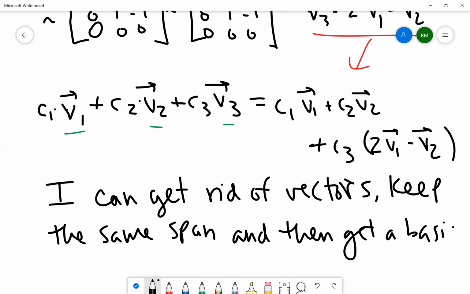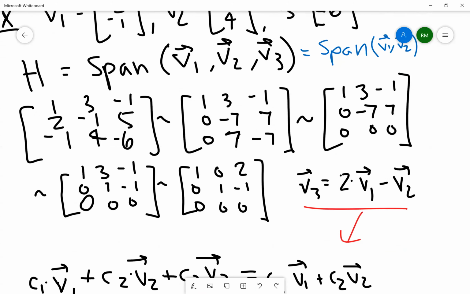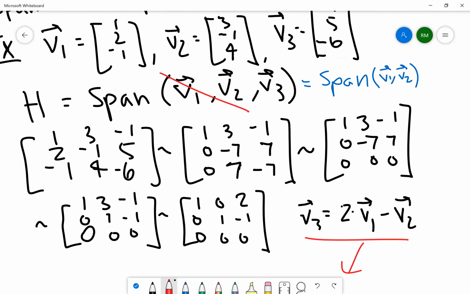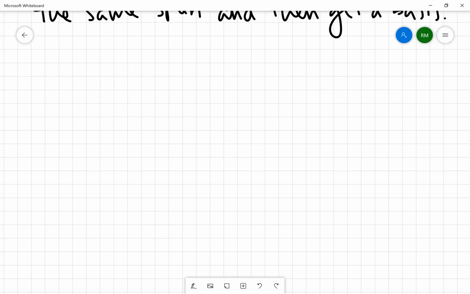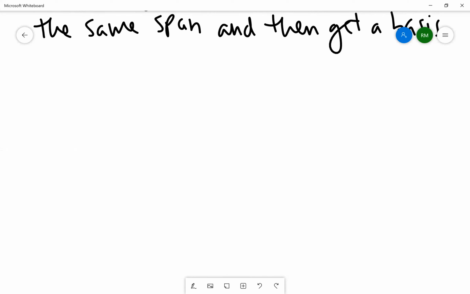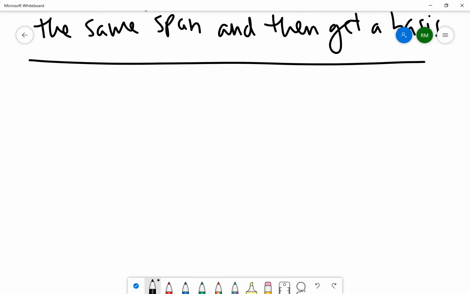What happened was this is not a basis, because we showed that v1, v2, and v3 are not linearly independent; they are in fact linearly dependent. But if I just look at v1 and v2, they are linearly independent, and you can check that by row reducing. And so if you have a set that spans, you can reduce it until you get a basis. So that's what's called the spanning set theorem.